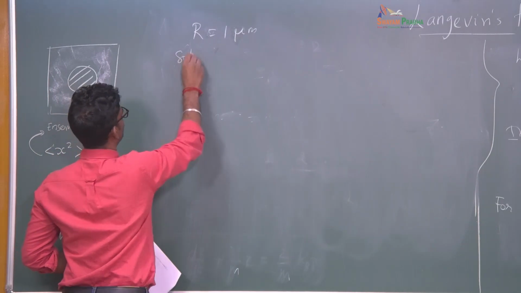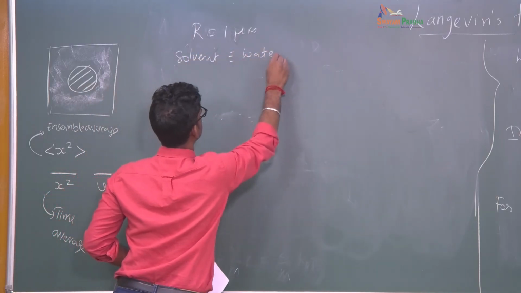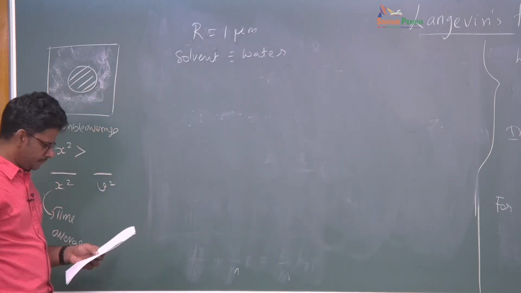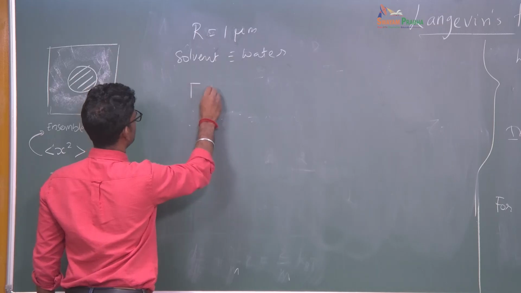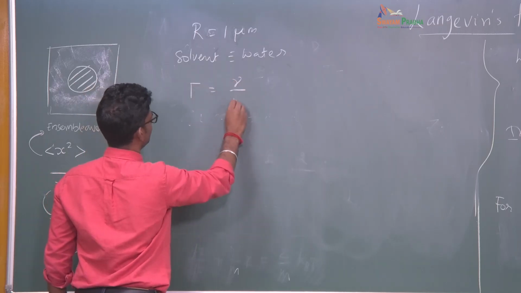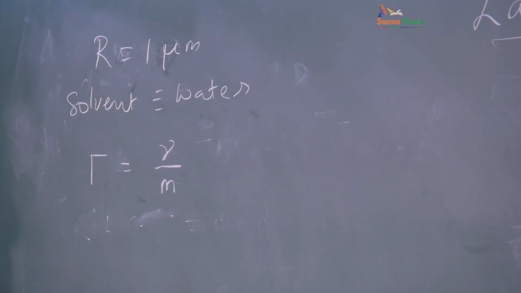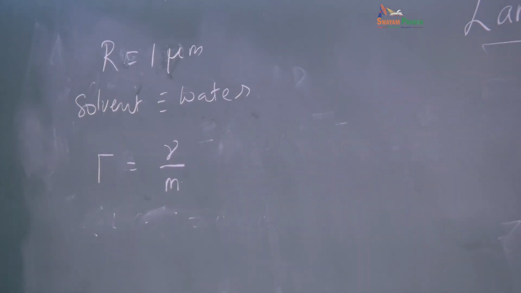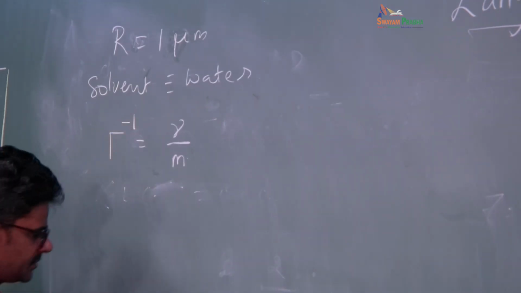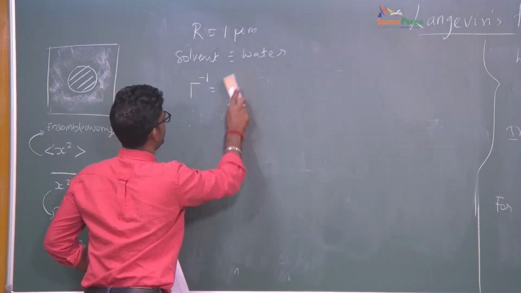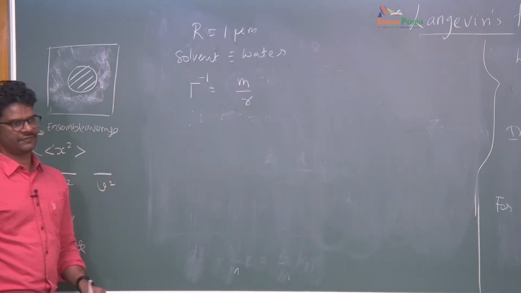So the solvent, or the liquid, is water, and we would like to calculate this time constant gamma by m. Or we can even say I'm interested in gamma inverse, that is a time scale. It will be simply m by gamma, and this would be in the units of time.